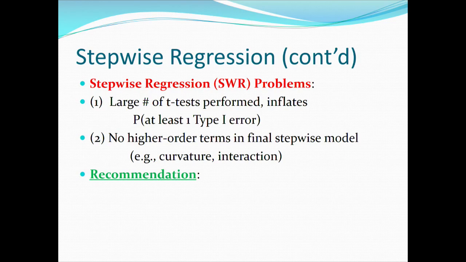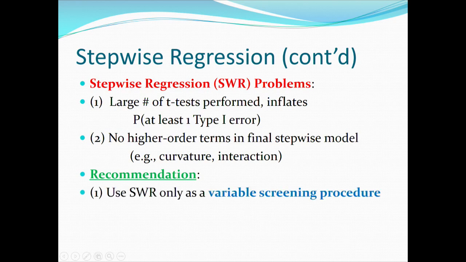Now, what's my recommendation, and what should be anybody's recommendation, for using stepwise? Use it only as a variable screening procedure. Notice that does not say model building. Variable screening. In other words, if you have too many X's to start model building with, like happened in this case, and you're forced to pick out the most important from the least important, this is a good technique to use.